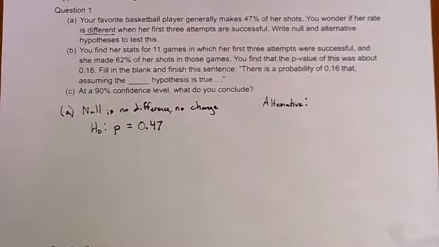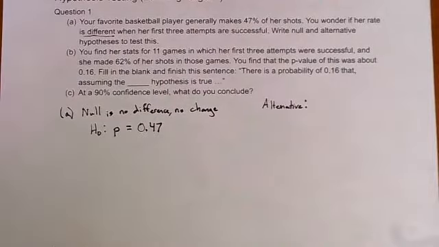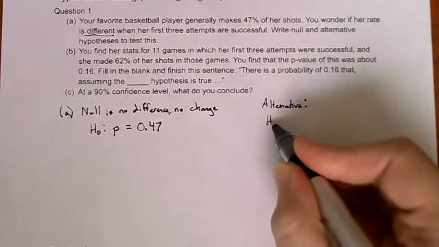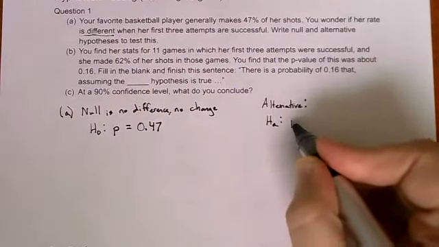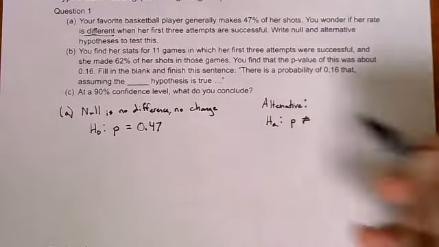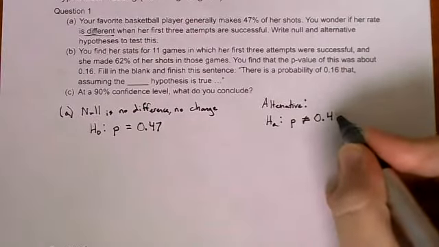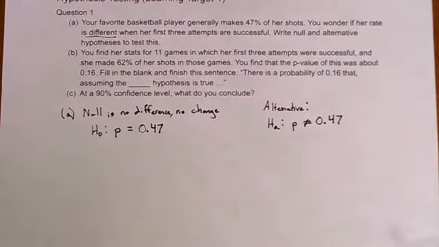It's not making a guess as to whether it's greater or less, just different. So that tells us that the alternative hypothesis we should use is P is not equal to 0.47. Right? Could be greater, could be less. We don't really have a guess here. We just think it might be different.